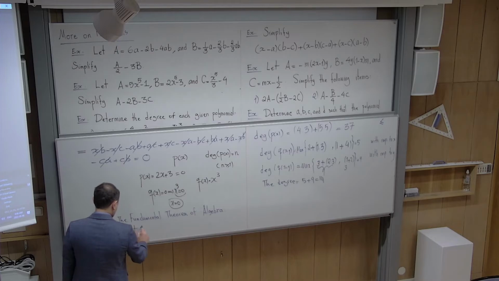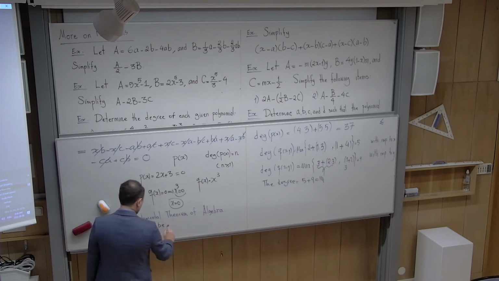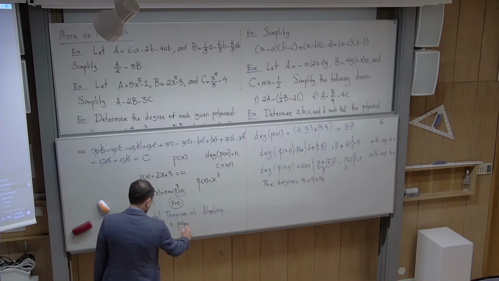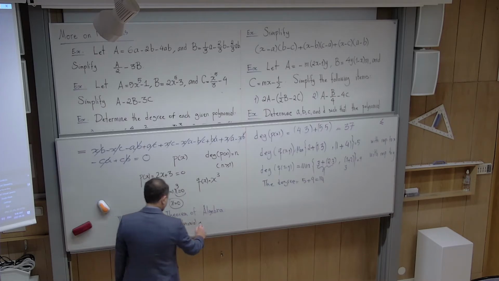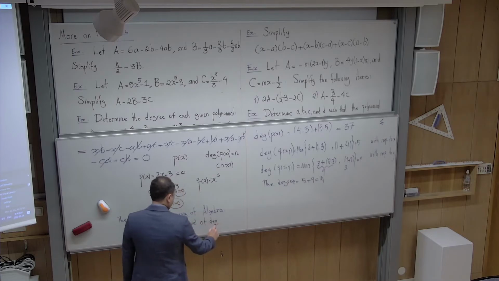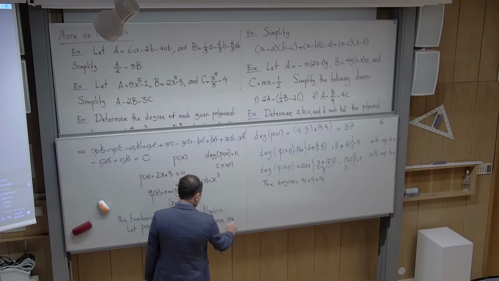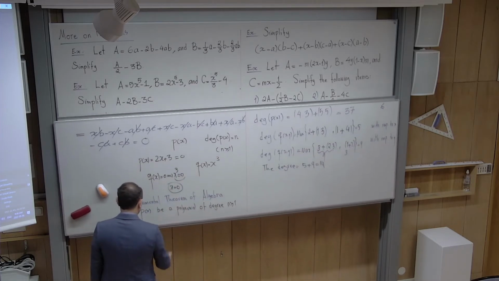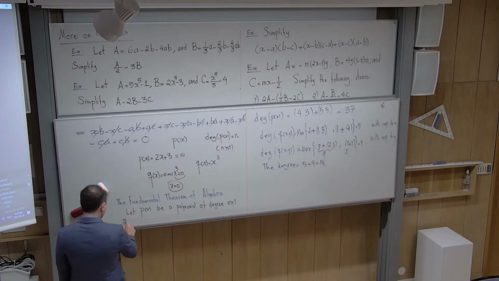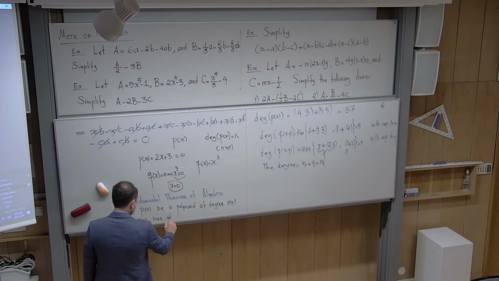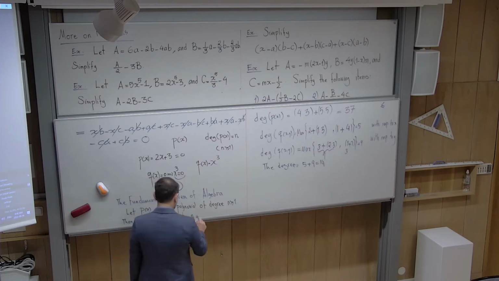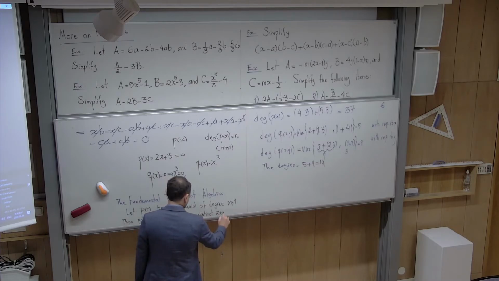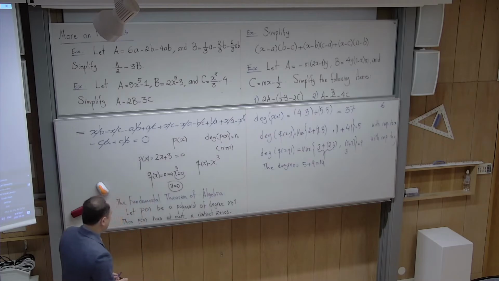Let p(x) be a polynomial of degree n greater than or equal to 1, then p(x) has at most n distinct zeros, something like that.